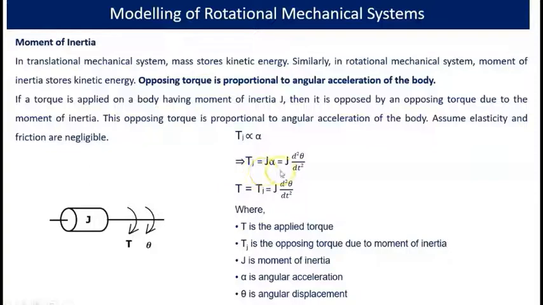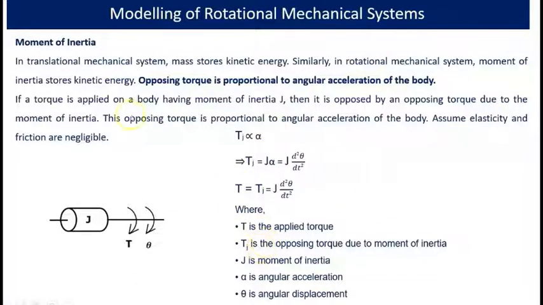It is called inertia torque. It is equal to J into d square theta by dt square, where theta is the angular displacement, or J alpha, where alpha is the angular acceleration. Therefore, inertia torque is equal to the product of moment of inertia and angular acceleration. In the translational system, inertia force is equal to the product of mass into acceleration.